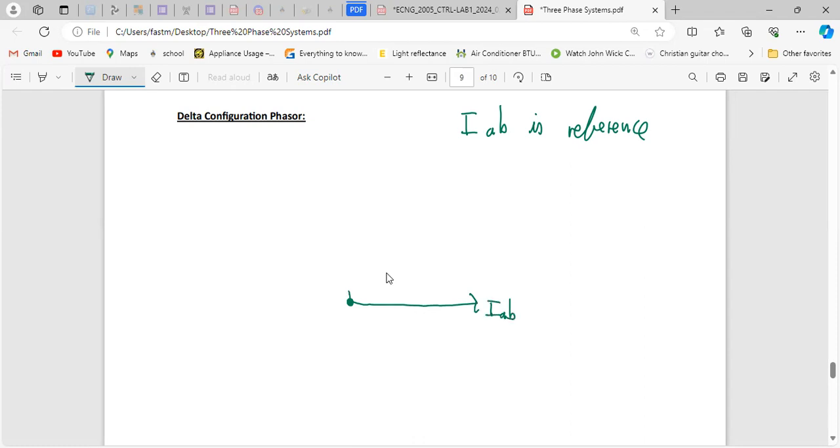All right, and then you have another one 120 degrees from that, which is ICA, and then 120 degrees from the reference is your IBC. So you have your phase currents.